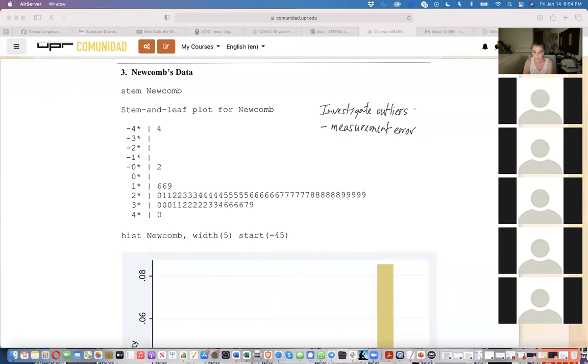First, we're going to refer to those as outliers. These are outliers. They're observations that are away from the pattern. You need to investigate and determine if there was a measurement error. Maybe someone wrote a value wrong, or sorry, measured it wrong.